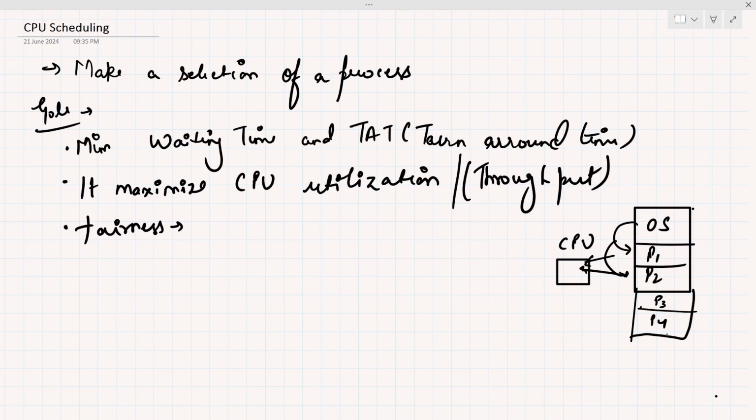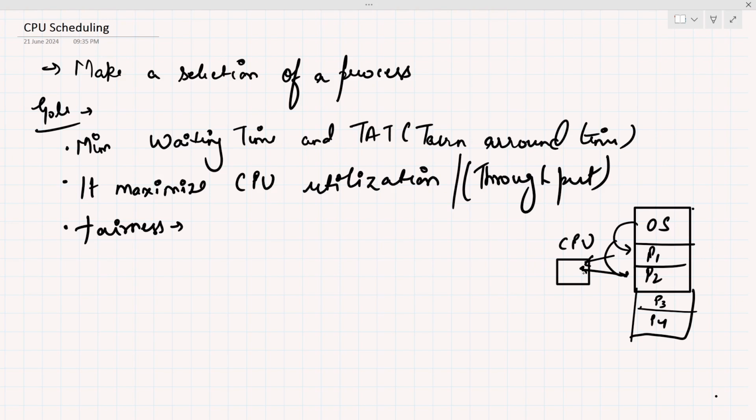We will see many algorithms where processes that have a very small burst time get the CPU first. What is burst time? Burst time means the execution time. Processes that take a very large time to execute will get the CPU later.